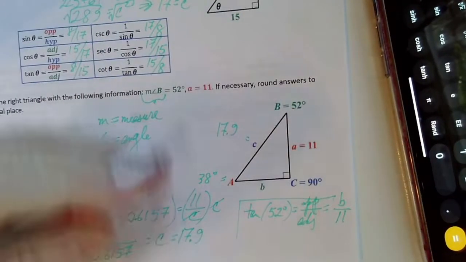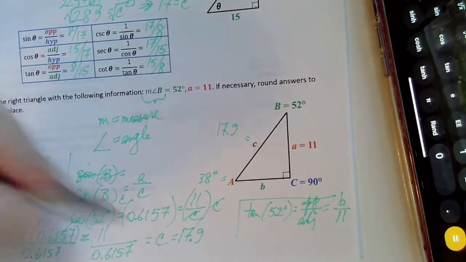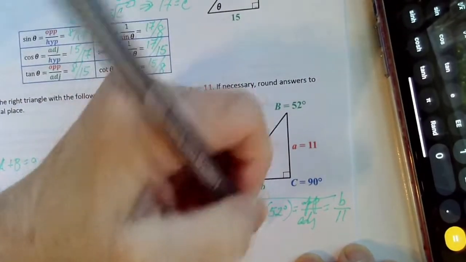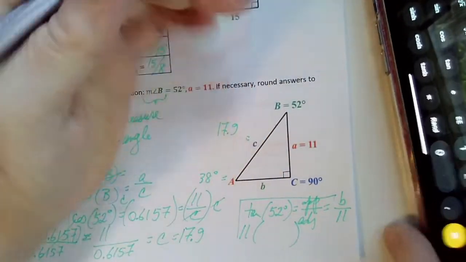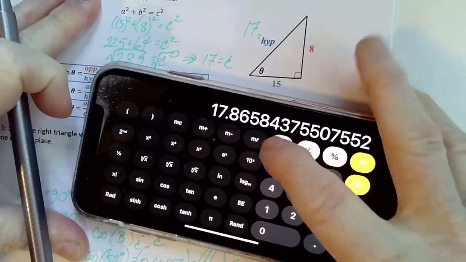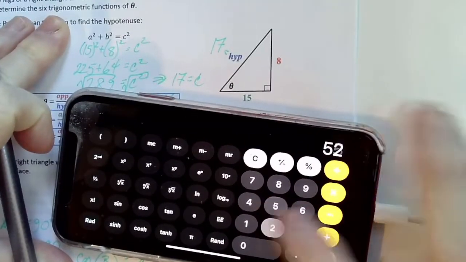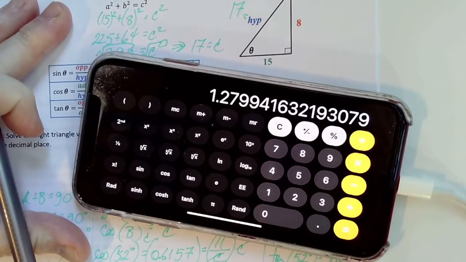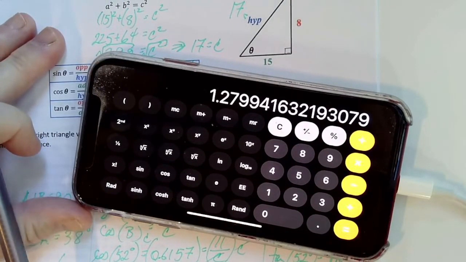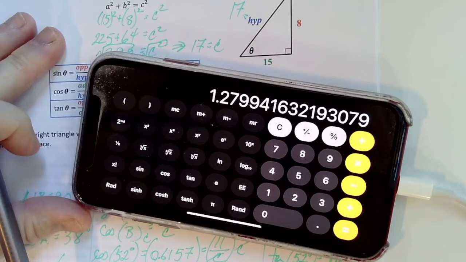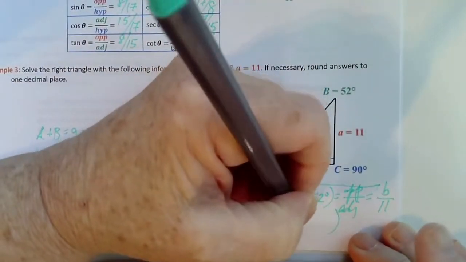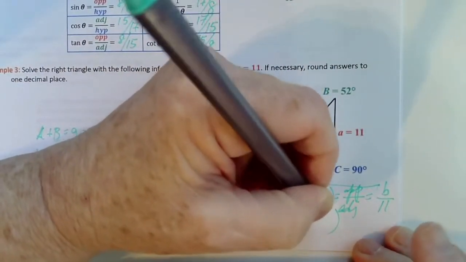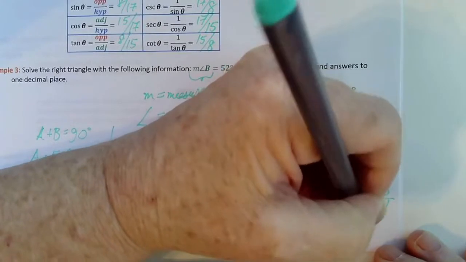Now if we multiply both sides of this by 11, we get 11 times the tangent of 52. So I'm going to tap in 52 and then tap tangent. I get 1.2799. I'm rounding to 4 decimal places. So 1.2799, that's going to be B.